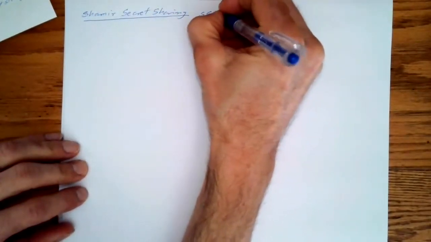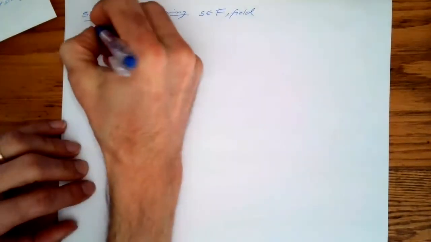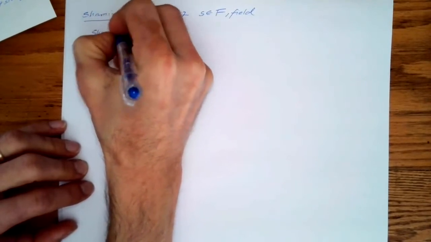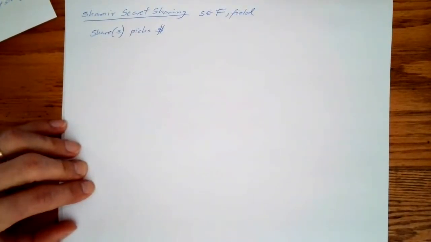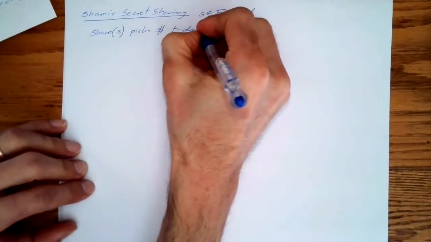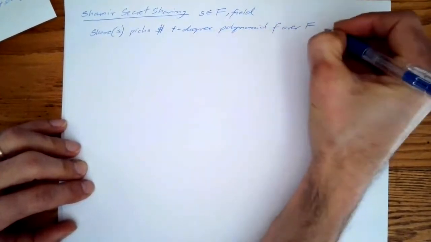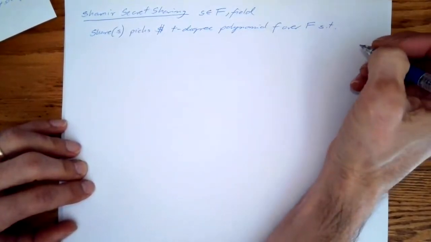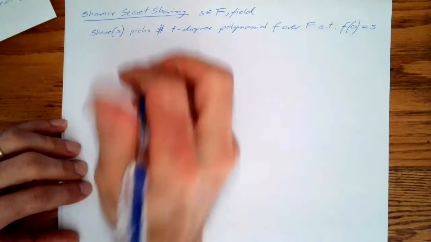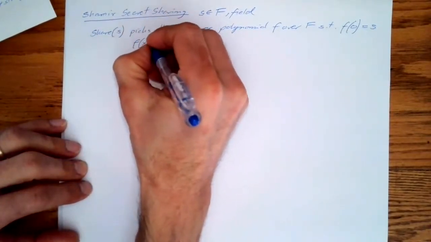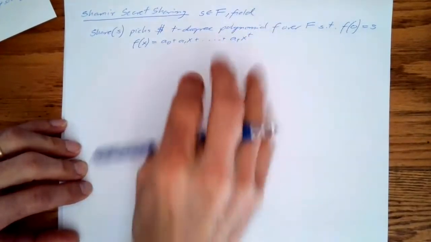Assume that the secret S is in some field F. The share algorithm on S picks a random t-degree polynomial f over the field F, but random subject to the constraint that its value at 0 is S. In other words, f(x) is a0 plus a1x plus up to atx to the t, and all the operations are over this field.